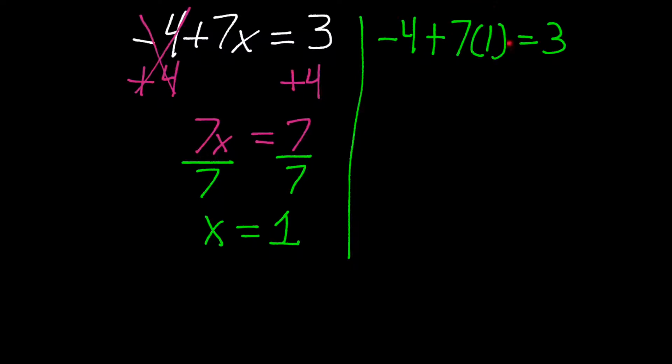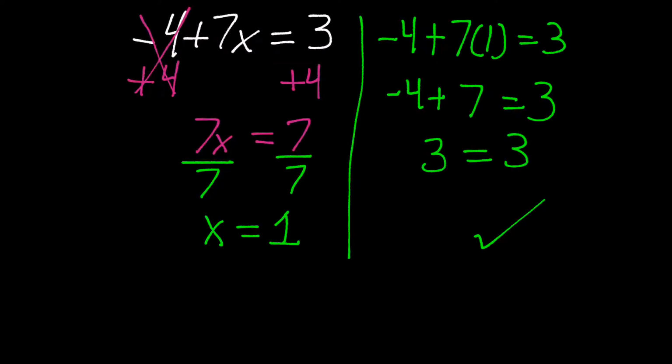I'm going to have to multiply first. 7 times 1 is 7. So I have negative 4 plus 7 equaling 3. And now I add my negative 4 and my 7, and I end up with 3. So I have 3 equaling 3. My answer checks out. So the solution to this problem was x equals 1.